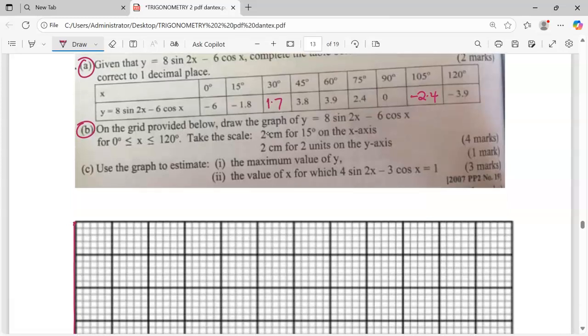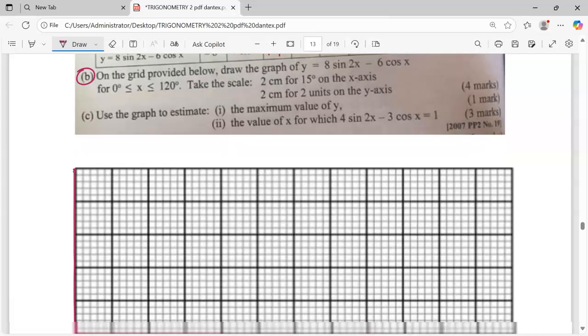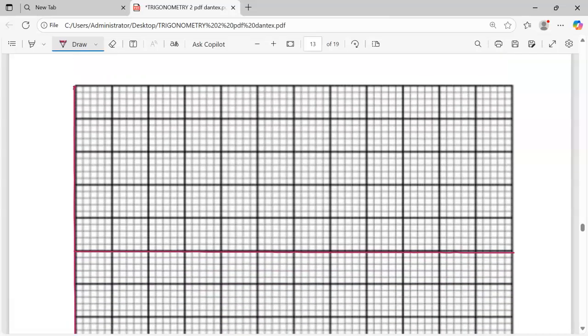On the grid provided, draw the graph of y is equal to 8 sin 2x minus 6 cos x, for the values between 0 degrees and 120. We have been told to use 2 centimeters to represent 15 degrees, but I'm going to use a different scale because of the grid I have.